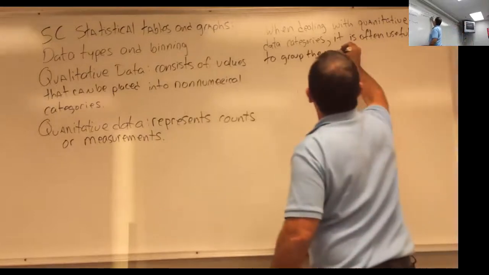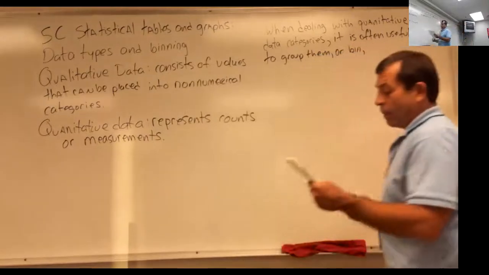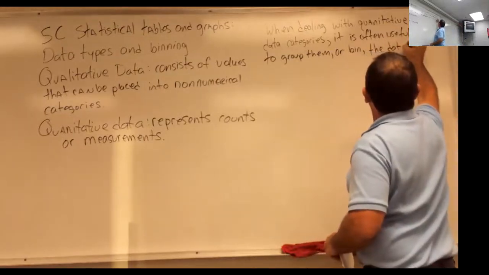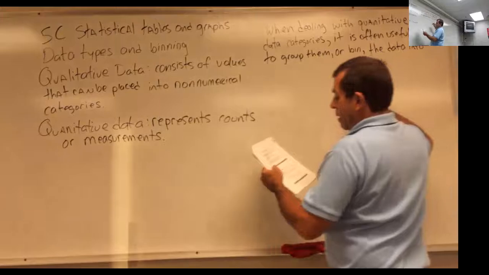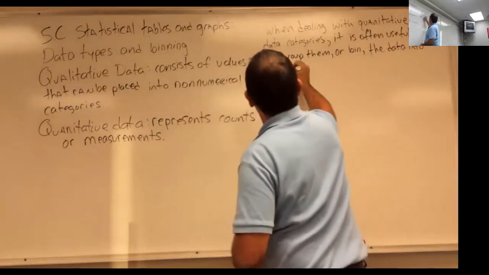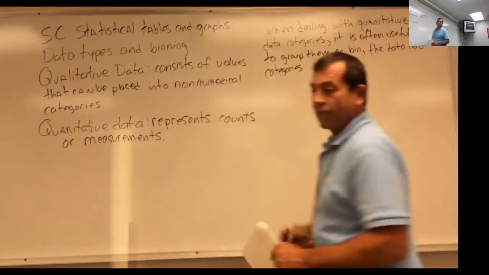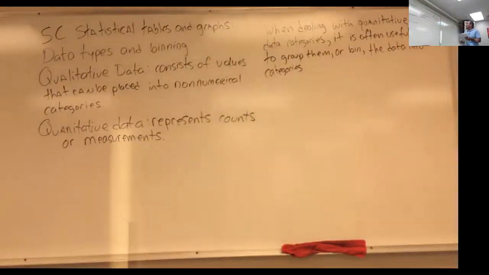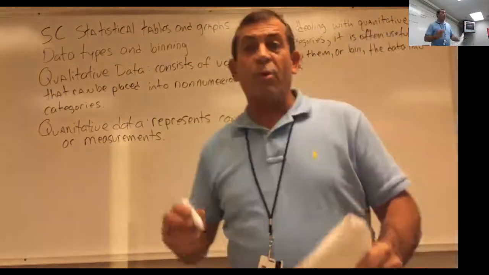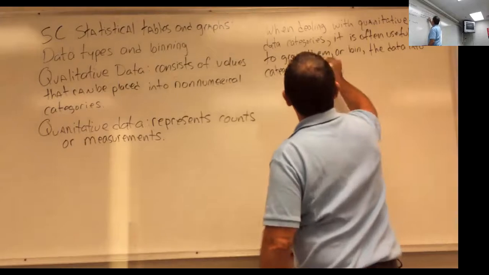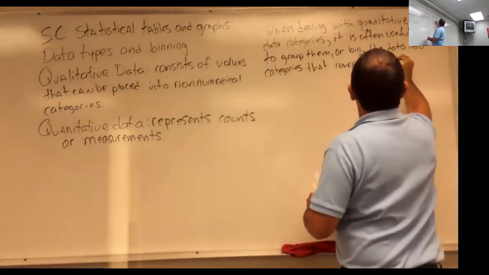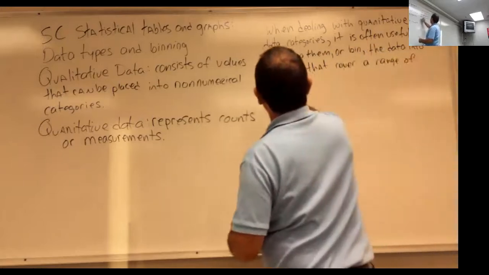So grouping is what they call the binning part of this. Or bin the data into categories that cover a range of possible values. So categories that cover a range of possible values.